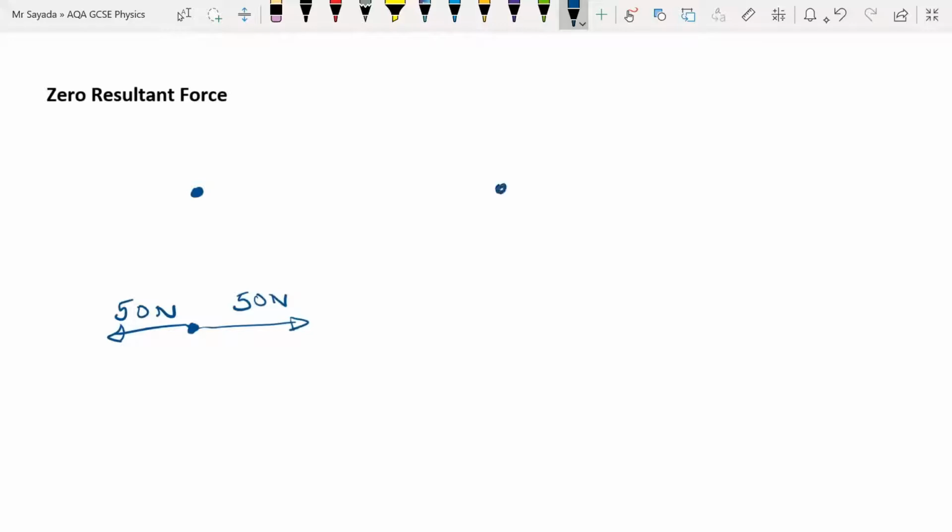You could also have lots and lots of forces. You could have a force to the right, you could have a force to the left, you could have a force up, you could have a force down. Let's call these forces 1, 2, 3, and 4. In what case would there be 0 resultant force on this diagram? Pause the video while you write down your answer and then press play once you're ready.